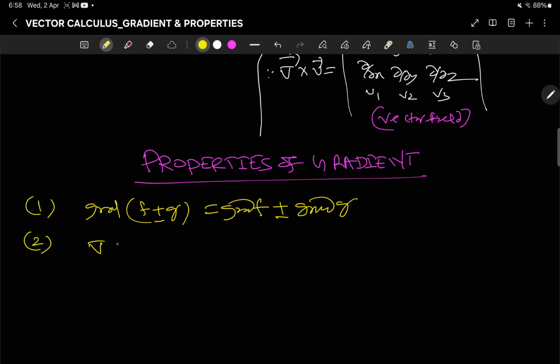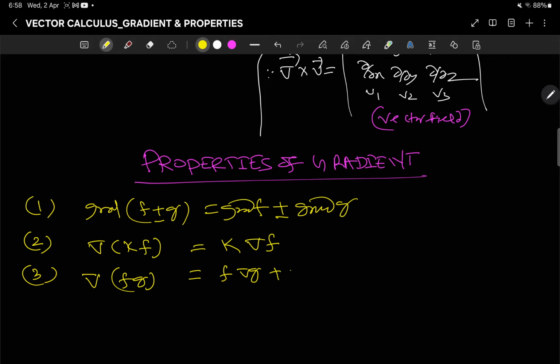Property number 2, grad of k f, k is a constant, k taken out, is k grad f. Property number 3, grad of f g, in line with the product of two functions, is f grad g plus g grad f. Then property number 4, grad of f to the power n, in line with the derivative of x to the power n being n x to the power n minus 1, is n f to the power n minus 1 times the gradient of f.